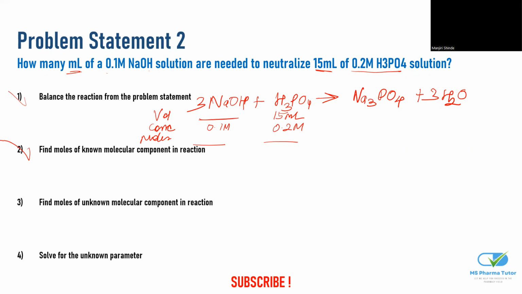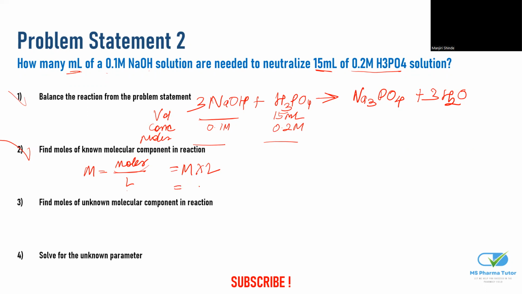Now, the second step is find moles of the known molecular component. Like I have said before, there is one formula for the same, that is concentration equals moles by liter. Now that you want to find moles of the known molecular component, you have to multiply the same, that is concentration into liters, which equals moles.